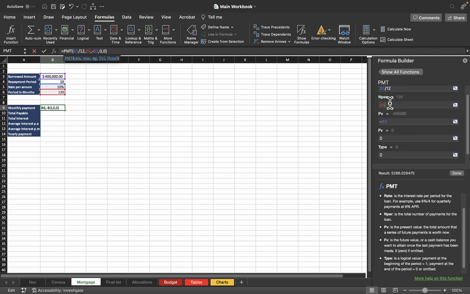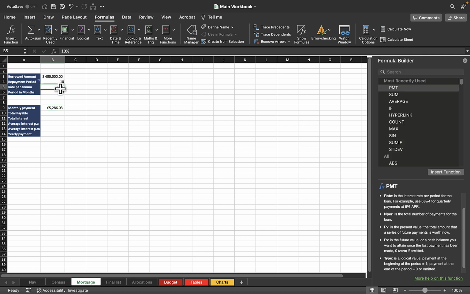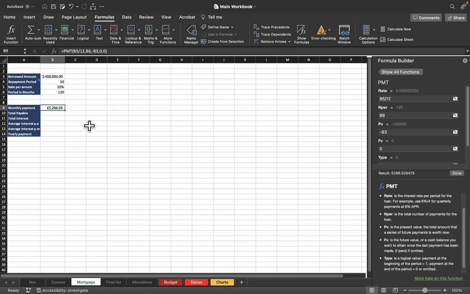Then Nper is B6 here in months. Great, then click on done. We should be able to get the monthly payment. I had made a mistake here and selected the wrong cell, which is not a percentage. I needed the percentage amount here. So this is the amount you pay per month.